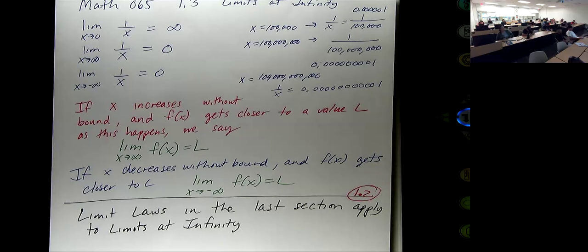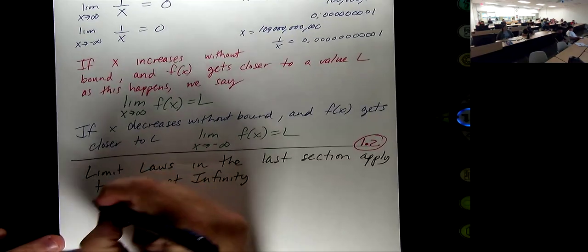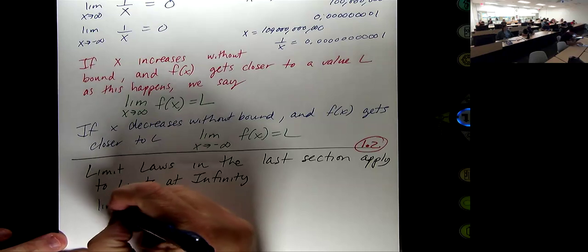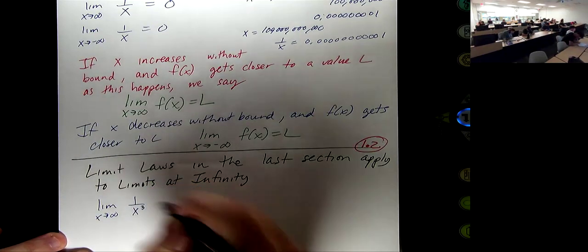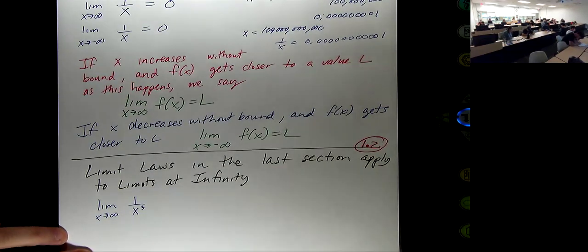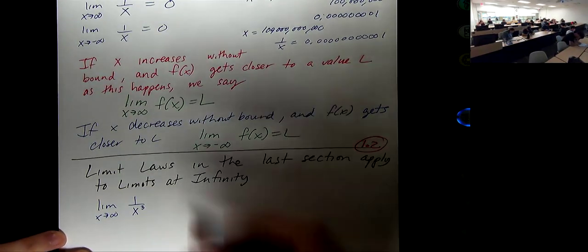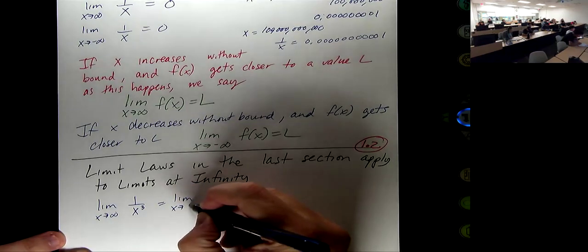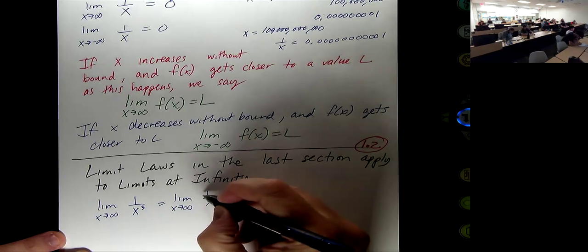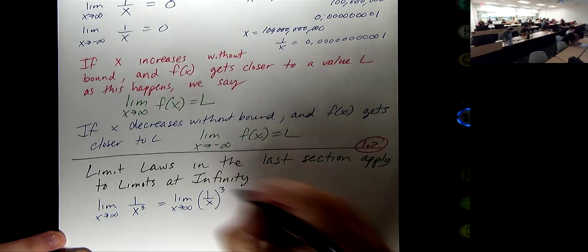I'll do a quick example of how the limit laws work. If we do the limit as x goes to infinity of 1 over x cubed, I can rewrite this as the limit as x goes to infinity of 1 over x, and cube that, same thing.